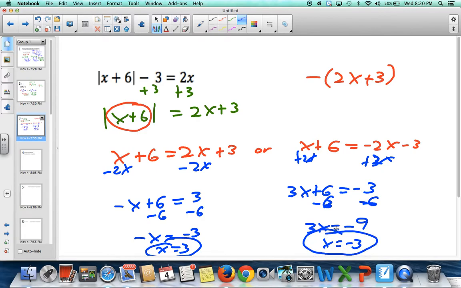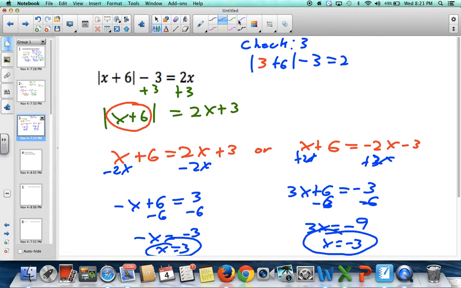I want to check to make sure which ones work, if any of them. So we go through the steps. We'll do the first one. Actually, I'll check positive 3 because that's the first one. Checking 3 to see if it works. So that's the absolute value of 3 plus 6 minus 3 equals 2 times 3.